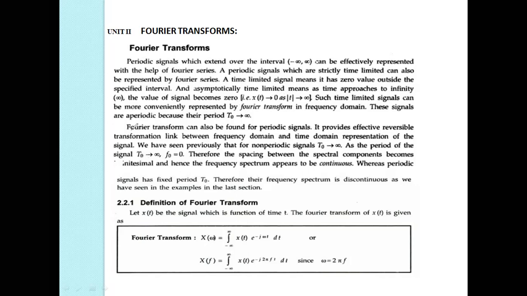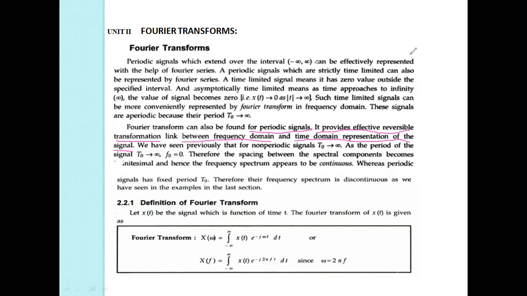So see, the Fourier transform can also be found for aperiodic signals. It provides an effective reversible transformation link between frequency domain and the time domain representation of the signal. Actually, in the Fourier series there is no inverse Fourier transformation; we are calling it the analysis equation and the synthesis equation, my dear students.